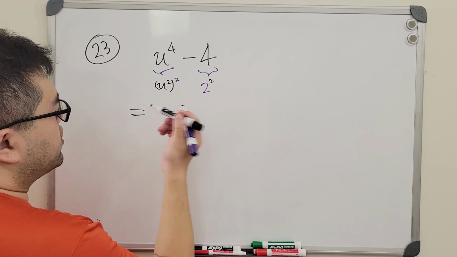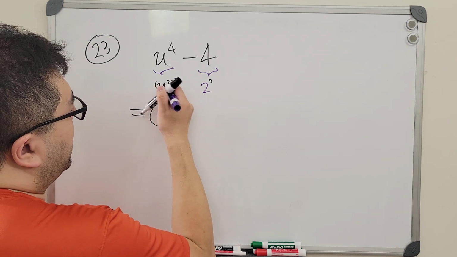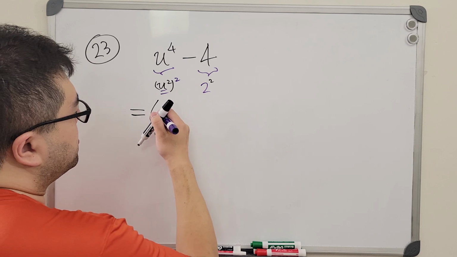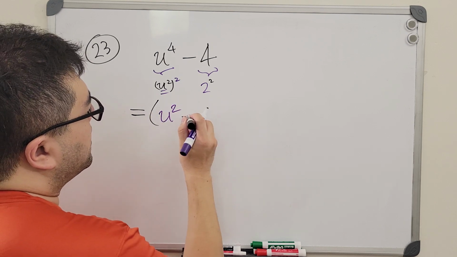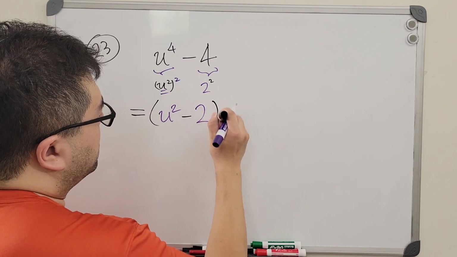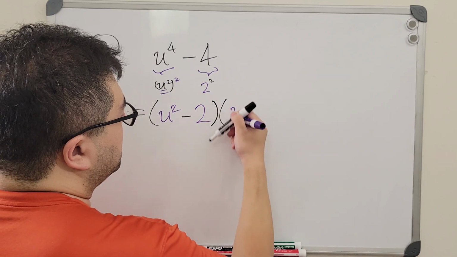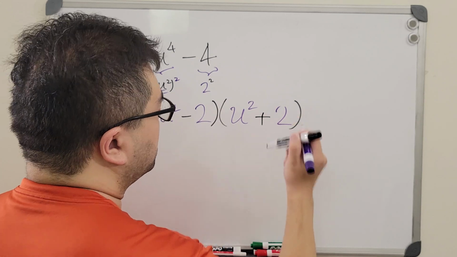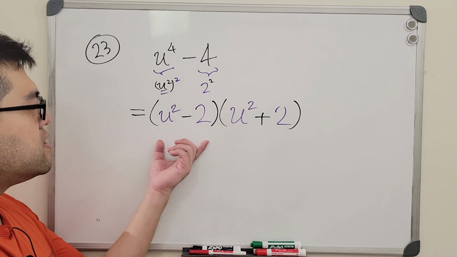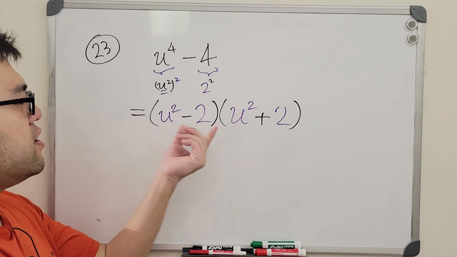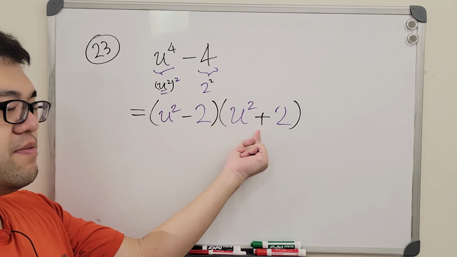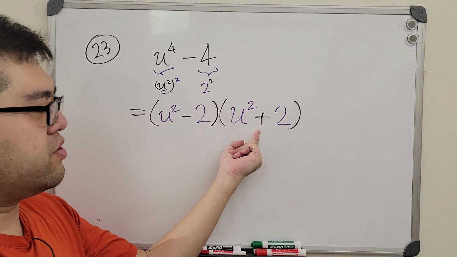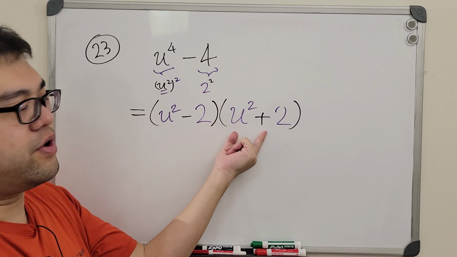So if we try to factor, our a will just become u squared, and then minus b, which is 2, times a plus b. And that's it. And again, we can check the second term: we have the same sign and we don't know how to factor out, we cannot factor it anyway.